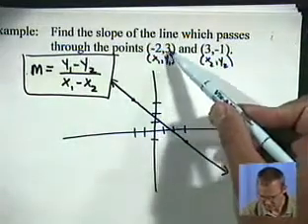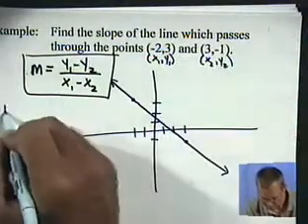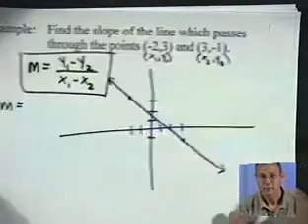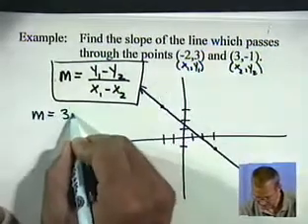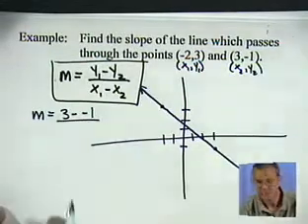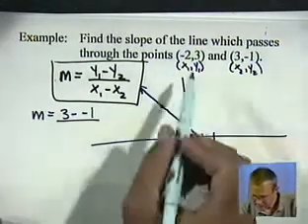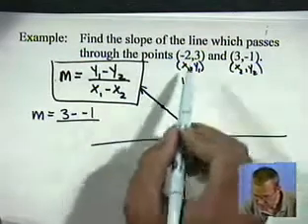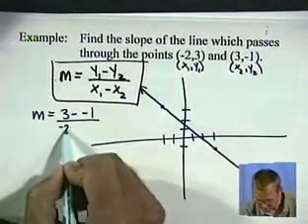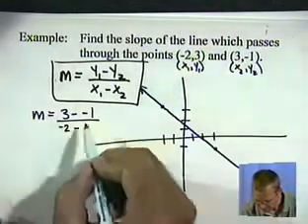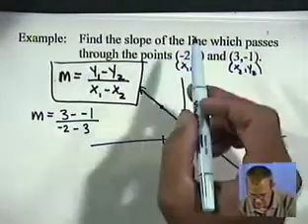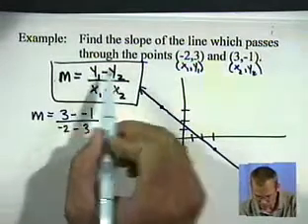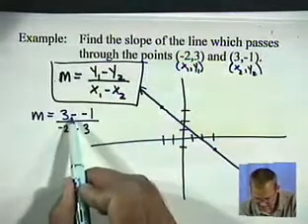So I'll take the y coordinate minus this y coordinate. That is 3 minus -1 on the top. And I need x1 minus x2 on the bottom. So -2 minus 3. Now we're going to have to be real careful with our signs. Notice my formula is the y coordinate minus the other y coordinate.